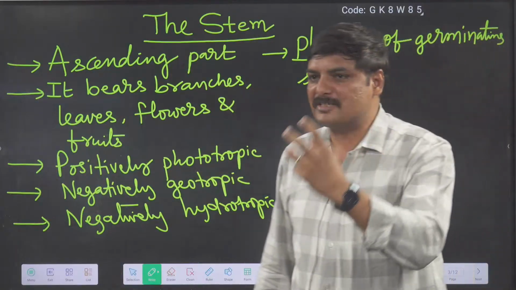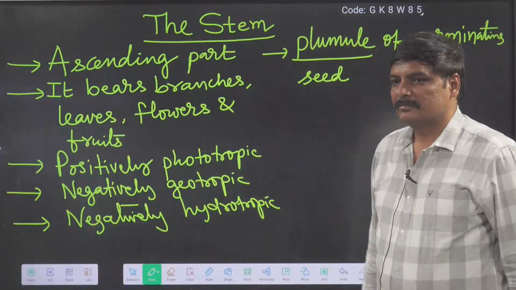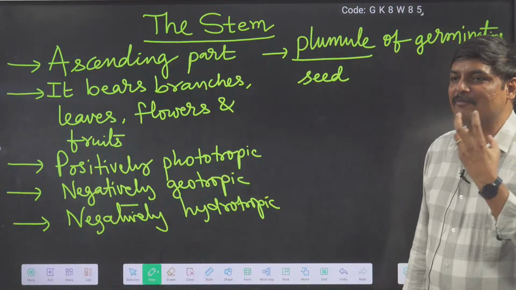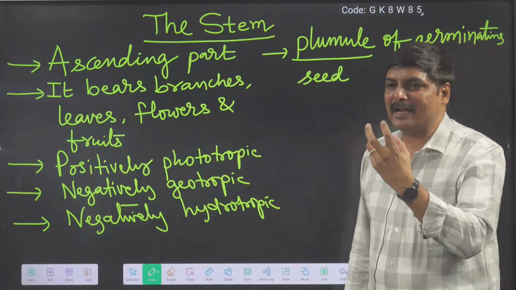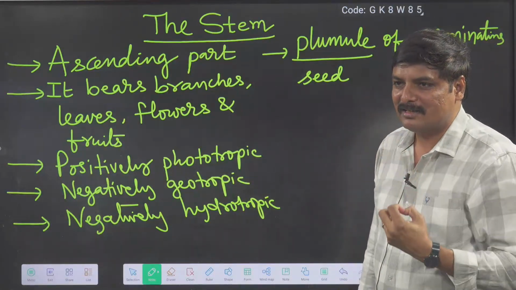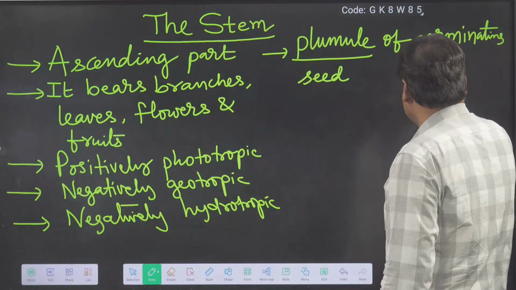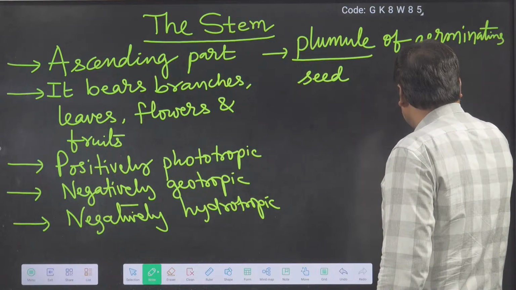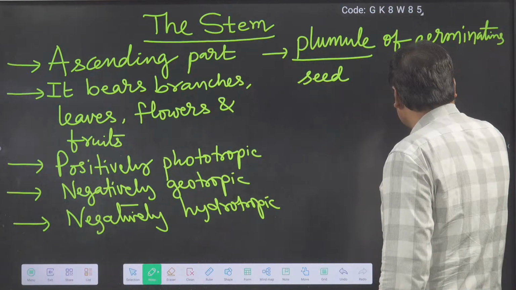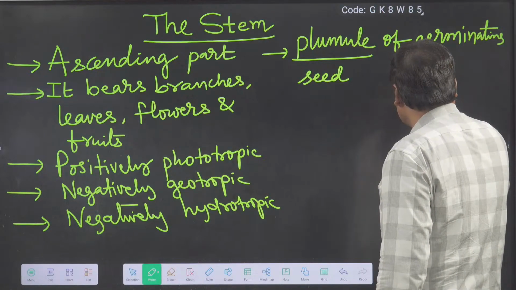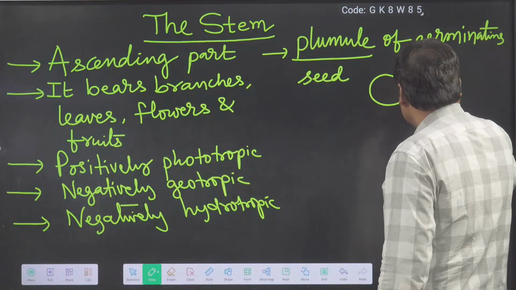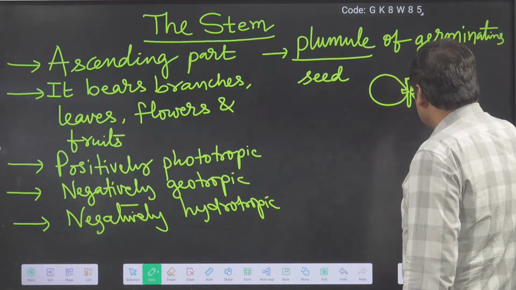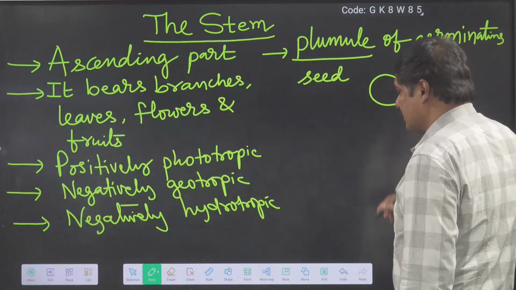Shoot system arises from the plumule. Where is the plumule? Plumule is one end of the embryonal axis. For example, yesterday I drew a diagram here. See, this is the dicot embryo, and this is the embryonal axis.